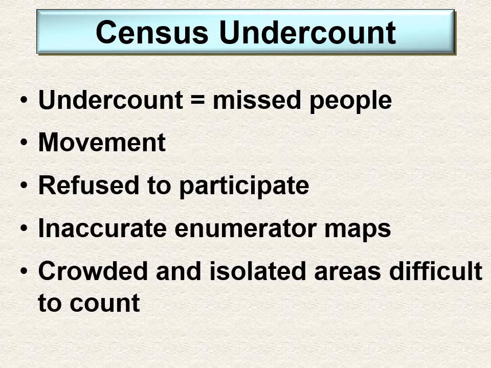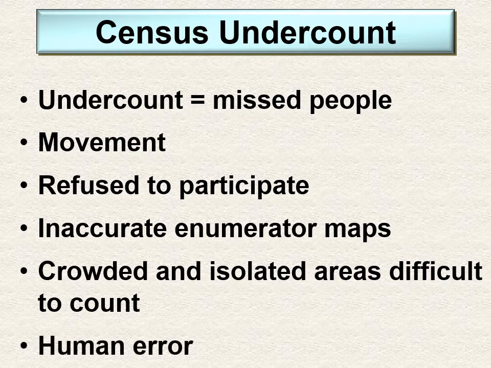It may be due to movement, refusal to participate, inaccurate enumerator maps, and crowded conditions like large cities. Isolated areas like rural areas may be difficult to count and people are missed. And of course, there's human error.